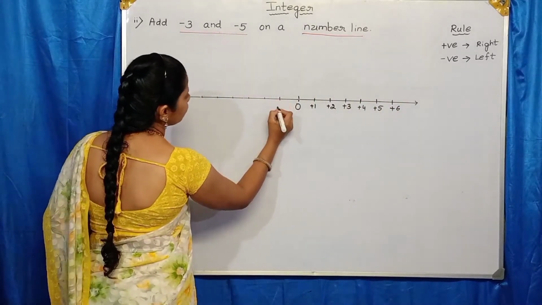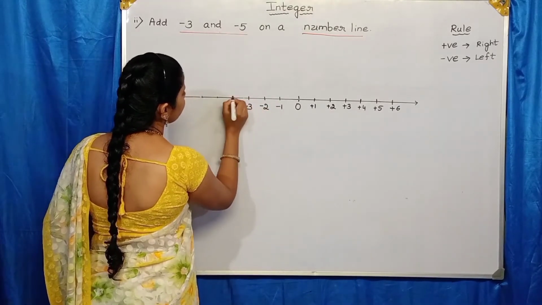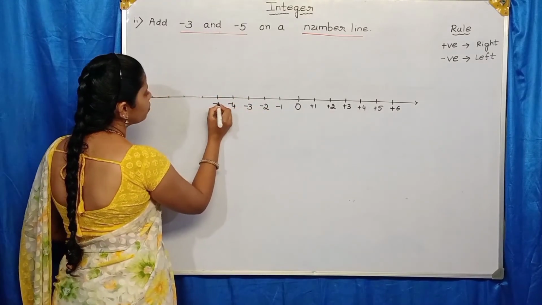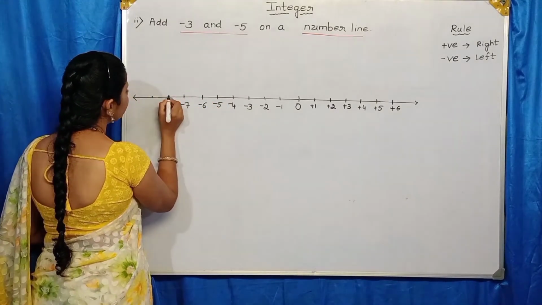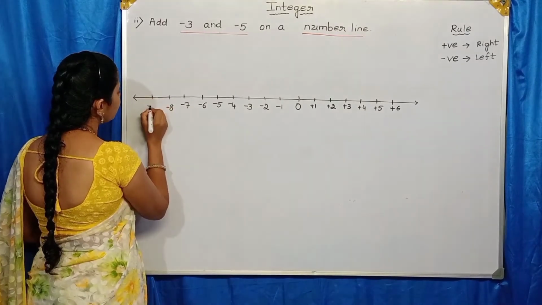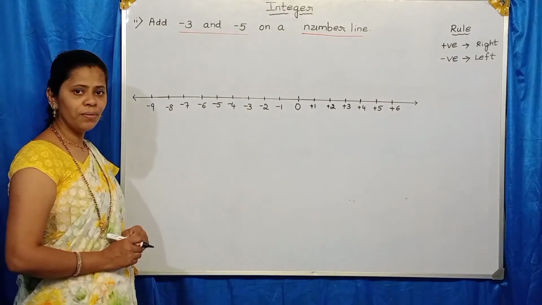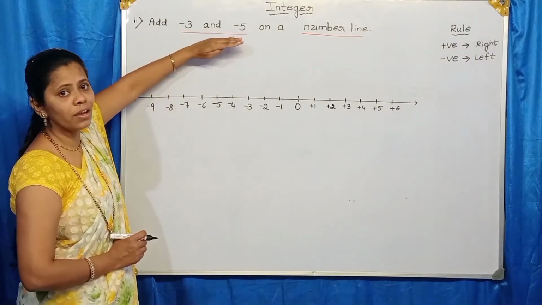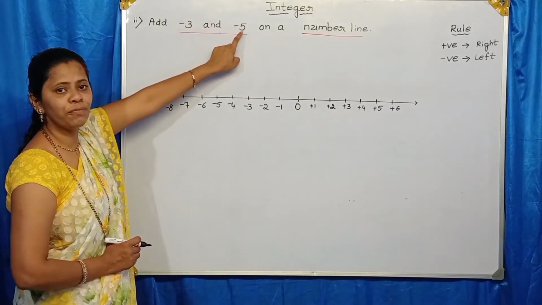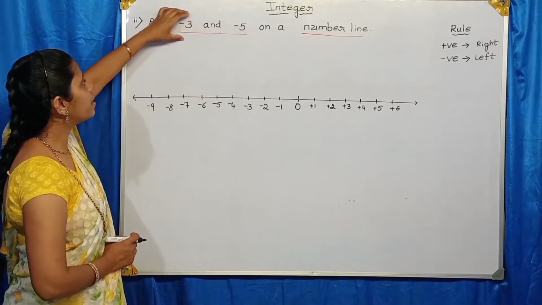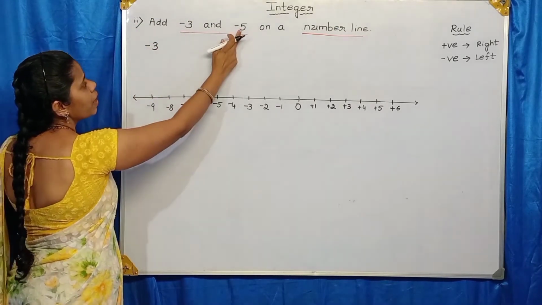And this side minus 1, minus 2, minus 3, minus 4, minus 5, minus 6, minus 7, minus 8 and minus 9 and so on. Okay. Now, let's come to the second part of the question. That is, add minus 3 and minus 5. See here, minus 3 and minus 5.